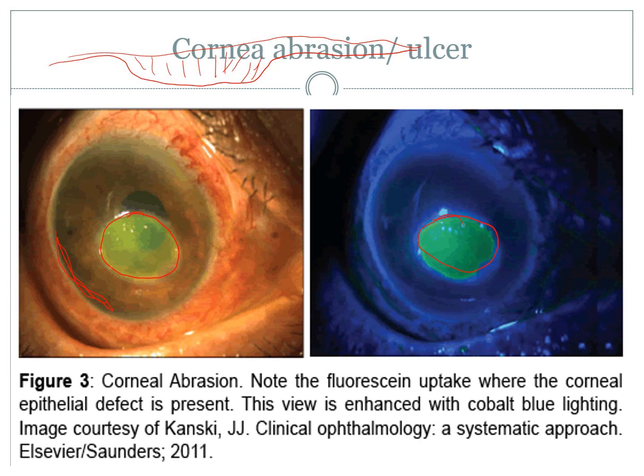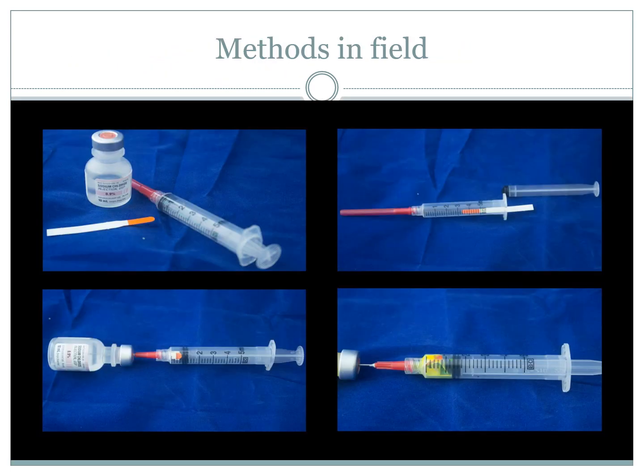Now, looking at Fluorescein itself, it comes in drops and strips. Drops are very, very convenient, but in our environment, they're difficult to maintain. They're quite fragile, and they often need to be kept in a fridge or a cool environment, which means if you're in the northern parts of the country, it's almost impossible to do. So you can get strips, which I prefer because they're very lightweight and useful.